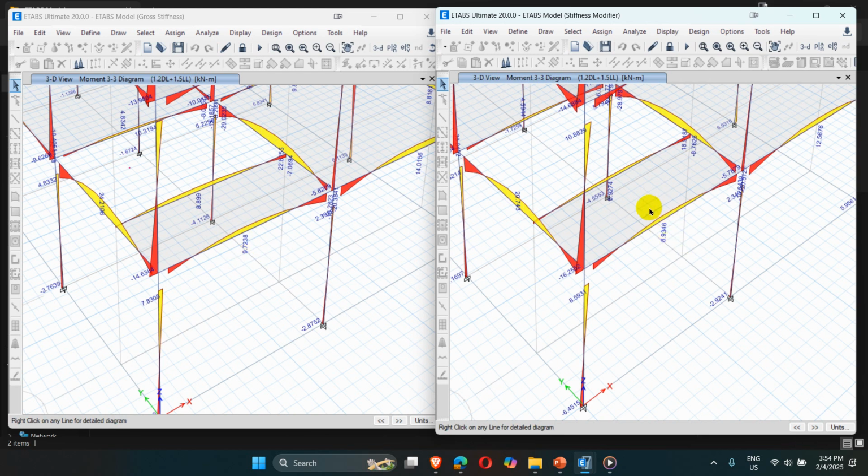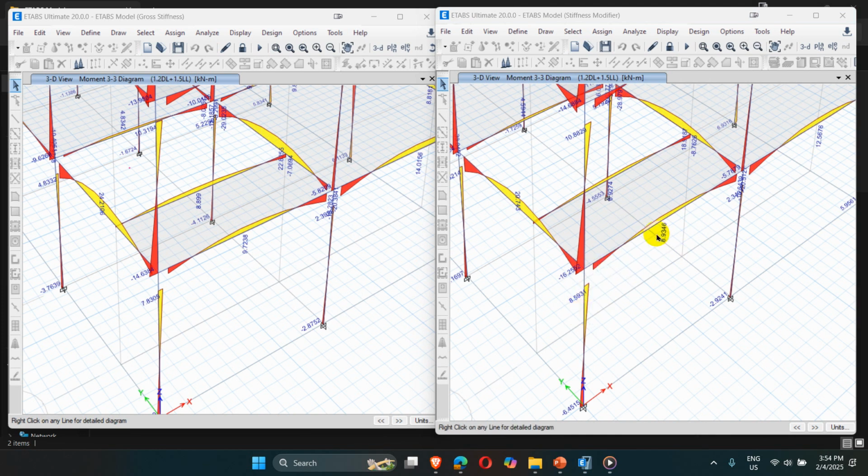In the modified model the stiffness is reduced, less force is attracted by this section, and it is transferred to the columns with the concept of moment redistribution method.